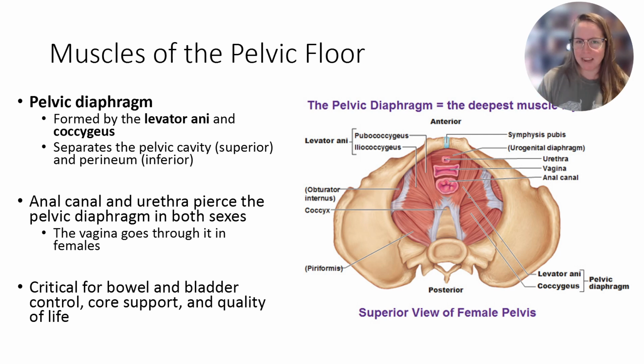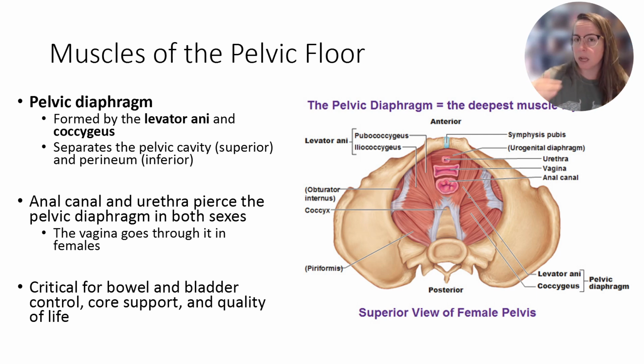So that means it can be injured, and if there are any deficits in the tone of the pelvic floor, you're going to have problems. In terms of bowel and bladder control, because the external sphincters are located within that pelvic diaphragm, if the tone is not there, you can have incontinence. And for females that give birth vaginally, the stretching as the fetus comes through the vaginal canal, we'll talk about that later, can stretch the pelvic floor.